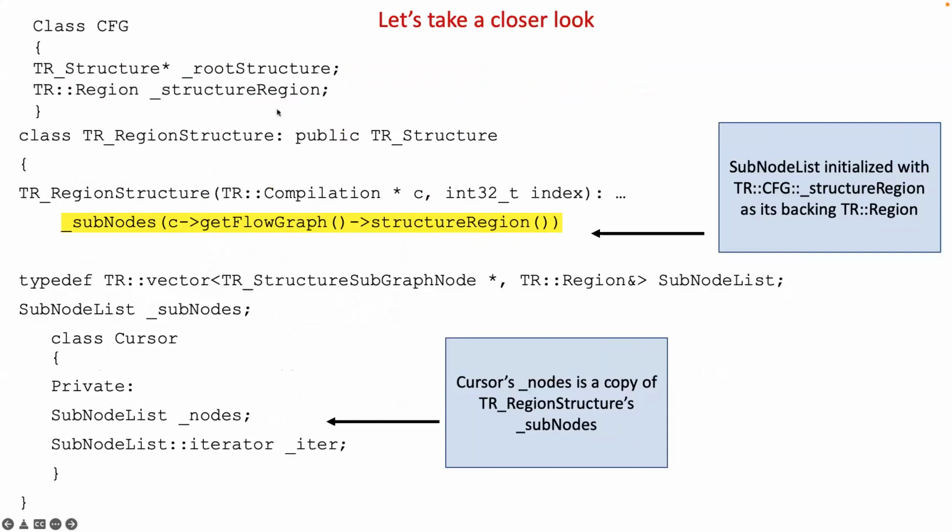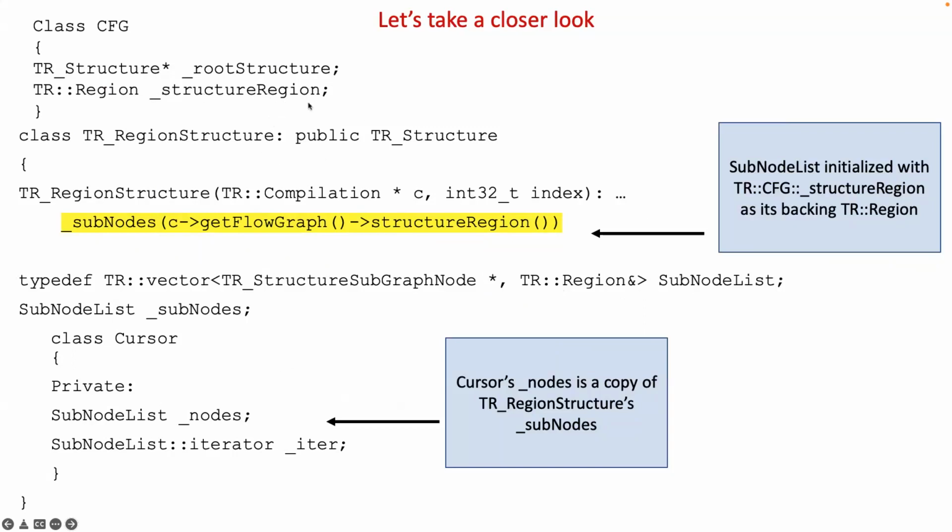That is the memory leak story here, which in the end looks the same as the NodePool situation. There's a region in the CFG that's being used to allocate. In this case, we have this typedef vector of subgraph node pointers that's backed by what turns out in the end to be this structure region from the CFG.